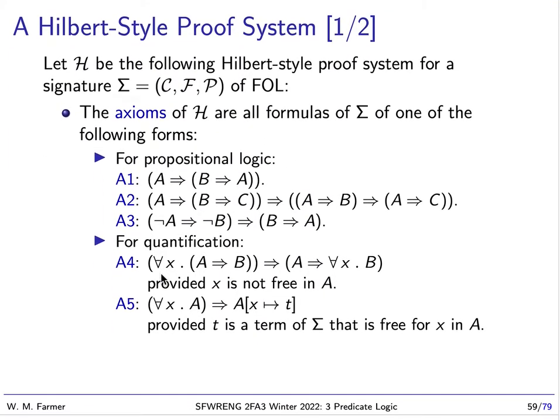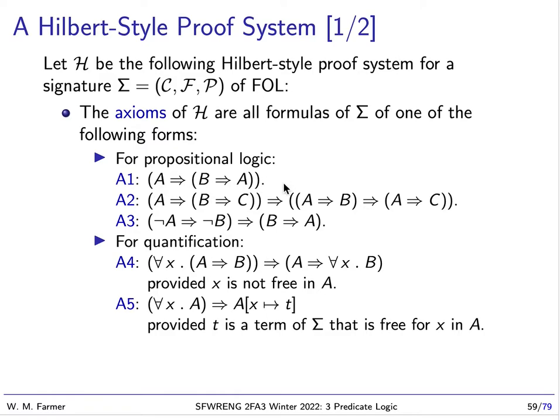Okay, so here's a Hilbert-style proof system for a signature of FOL. So we get a slightly different proof system for each signature. The axioms of H are going to be all formulas of sigma of one of the following forms. For propositional logic, we have these three forms.